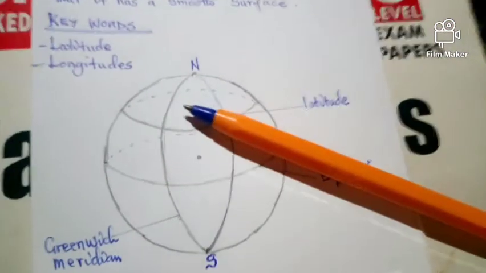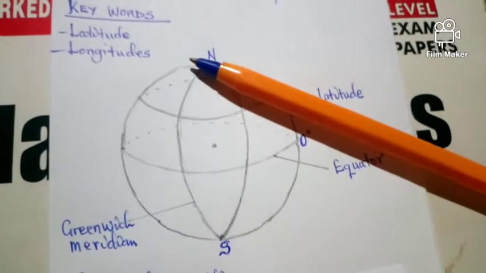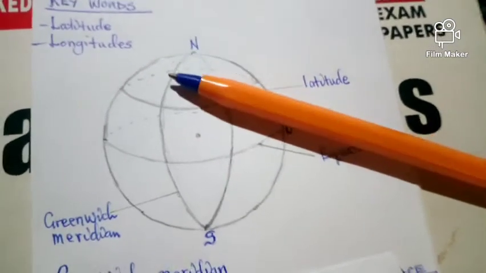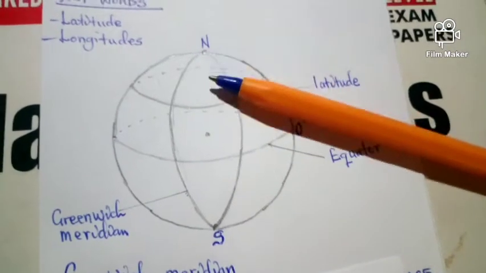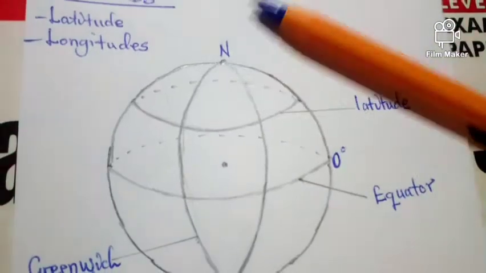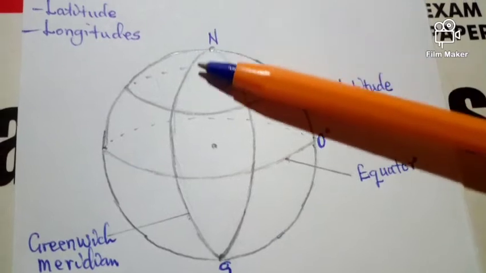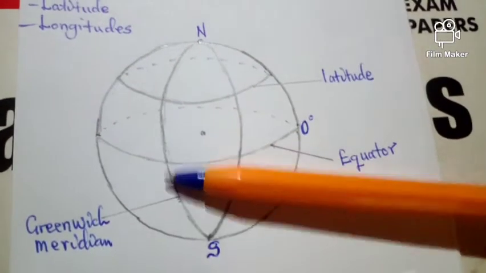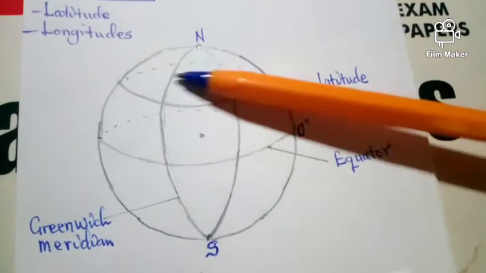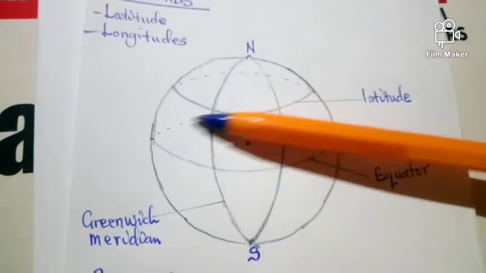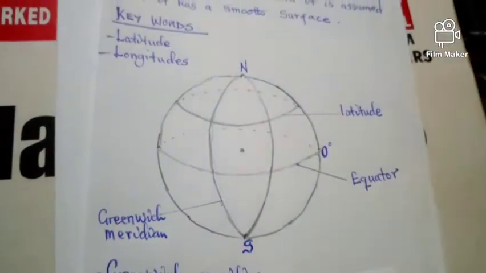Okay, so just take a look at the illustration of the Earth, which is spherical in nature, as I have said. As you can see, we've got these lines that run from north to south. Then we also have lines that run from west to east.